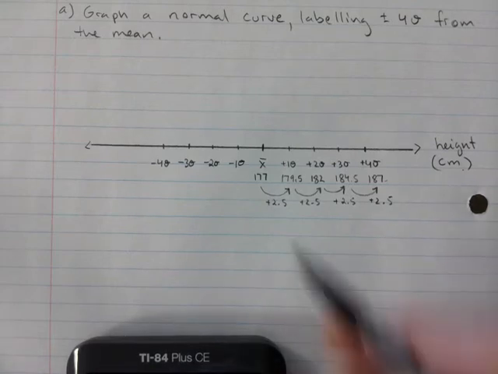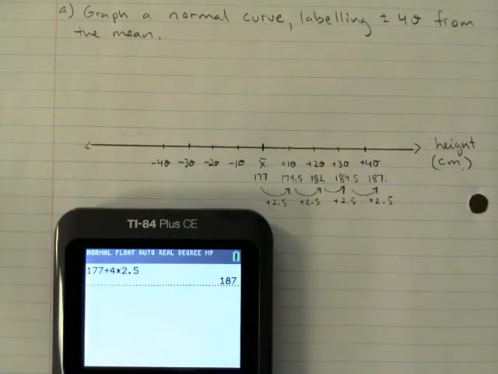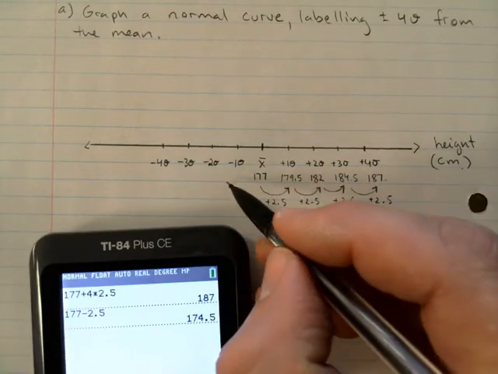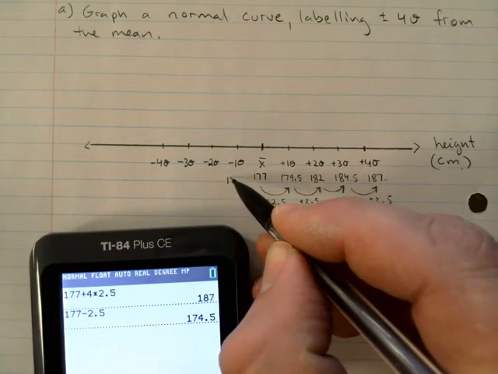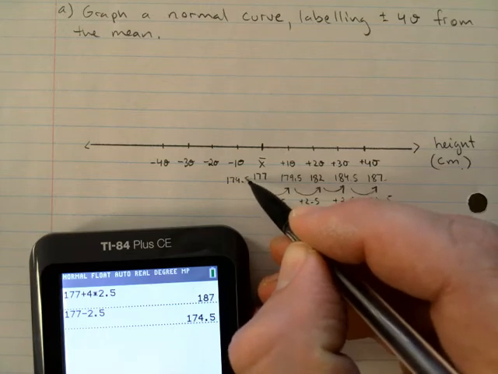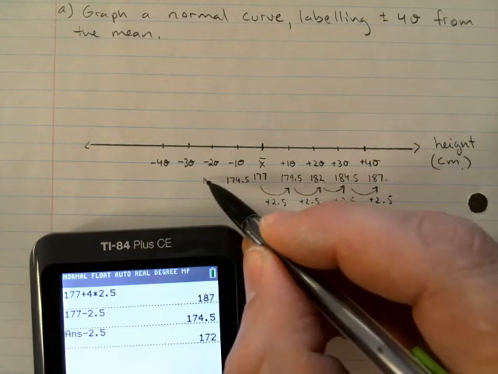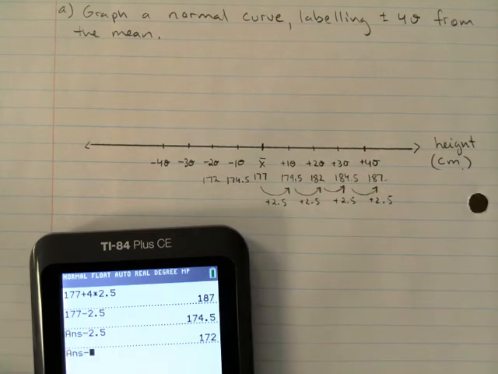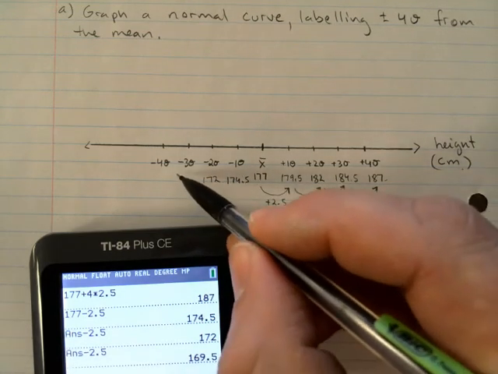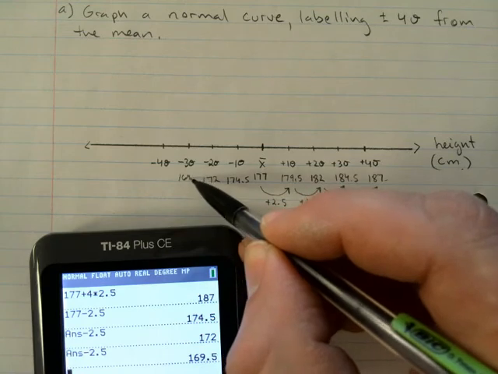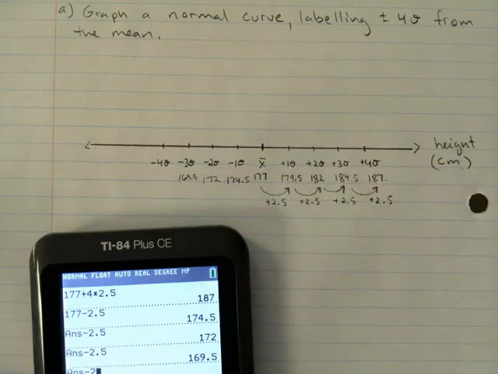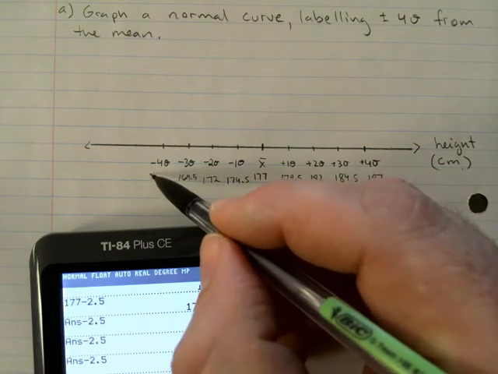Okay, and so you do the same thing going to the left now. You go 177 minus 2.5. Right, so this is 174.5. Right, minus 2.5 again, that's 172. Minus 2.5 again, that's 169.5. Minus 2.5, that's 167.